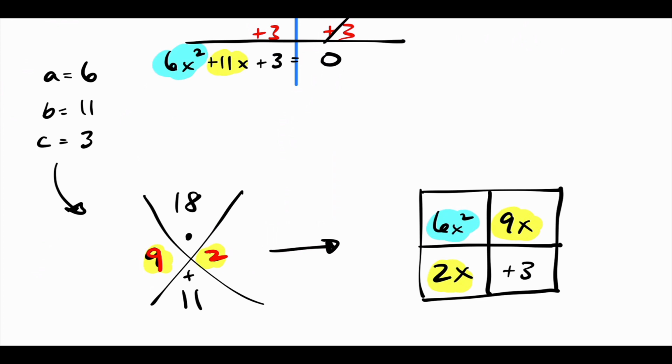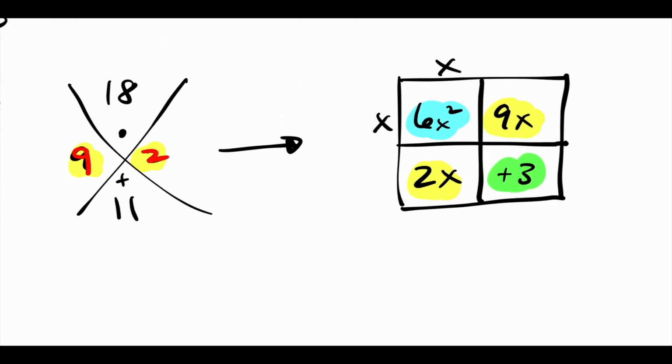Okay, so there's a couple different ways to make 6. I know it's x times x, but there's a couple different ways to make 6. I have 6 times 1 or 3 times 2. The correct answer is whatever works, whatever fits. So let's try 6 and 1.